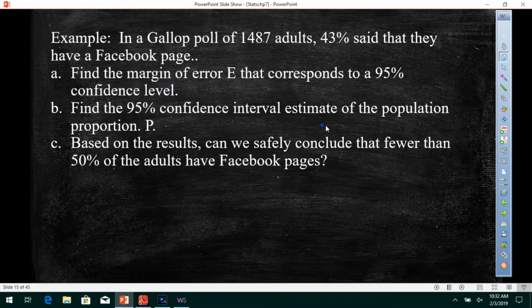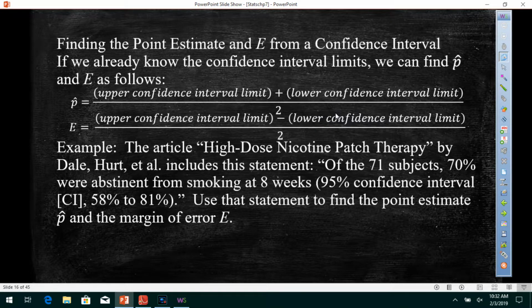And finding the point estimate P hat and E from a confidence interval. If we already know the confidence interval limits, we can find P hat and E as follows.